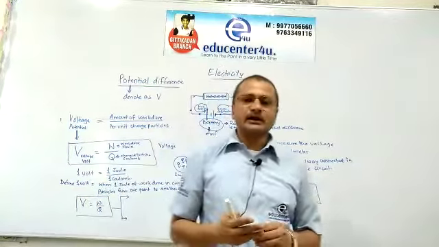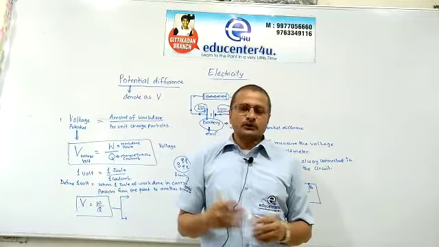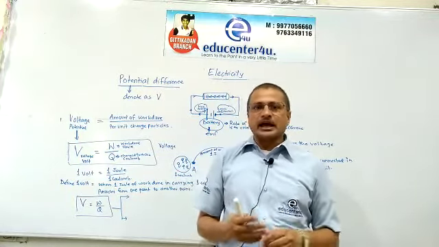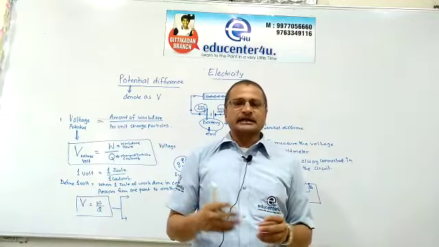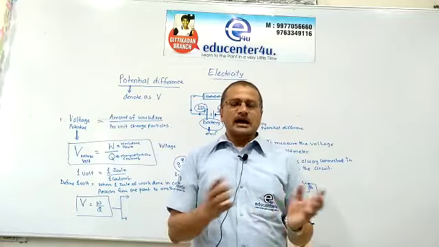So once again we will recap what we have learned today regarding the potential difference. Potential difference is defined as the amount of work done in carrying 1 coulomb of charge from one point to another point.